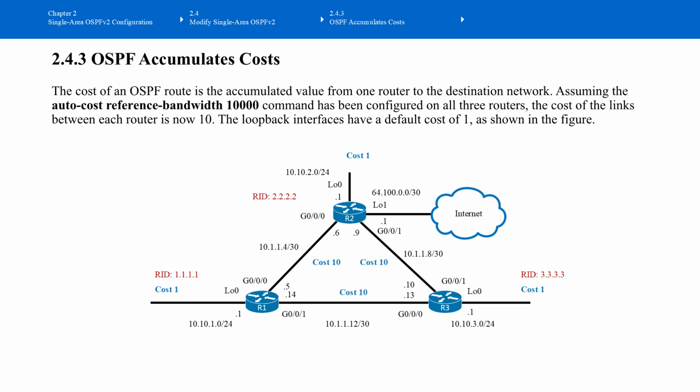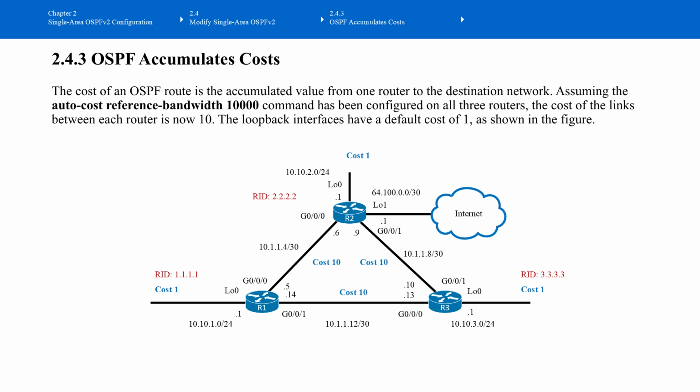OSPF adds the cost together from the router to the destination network. For example, from R1 to R3's loopback network, the R1 to R3 link has a cost of 10, and the R3 loopback cost is 1. So the total cost is 10 plus 1 equals 11. If R1 goes through R2 first, the cost for R1 to R2 is 10, from R2 to R3 is 10, and the cost for R3 loopback is 1.